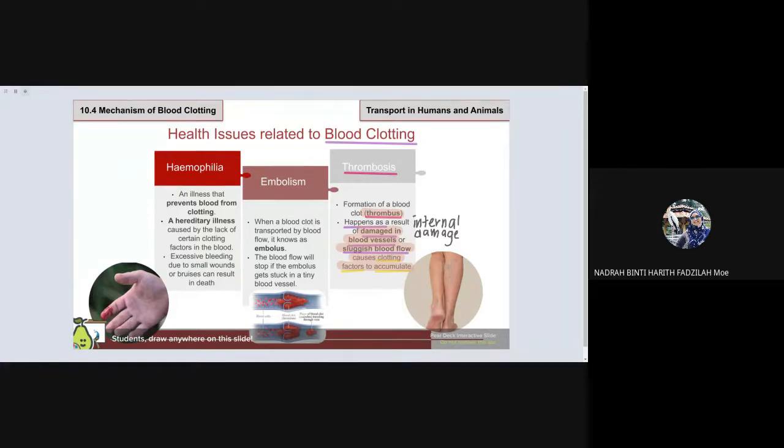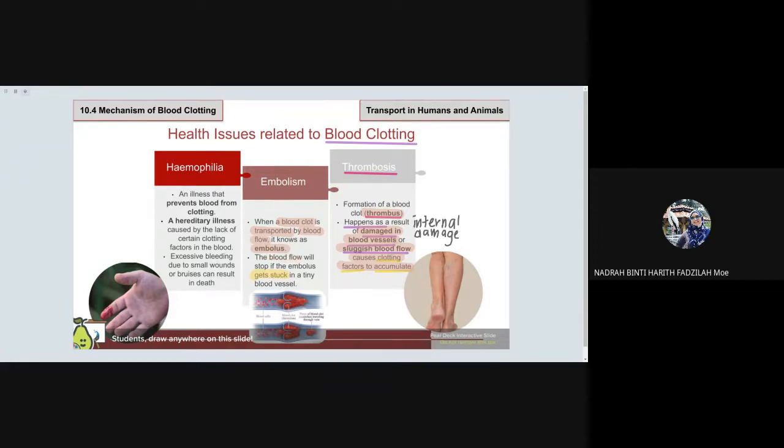And the process yang dia travel tu kita panggil sebagai embolism. So masalah dia sekarang, bila embolus tu stuck dekat any blood vessel, it will stop the blood flow and causing further problems lah. Boleh menyebabkan risiko seperti stroke ke, angina ke dan sebagainya, ya.